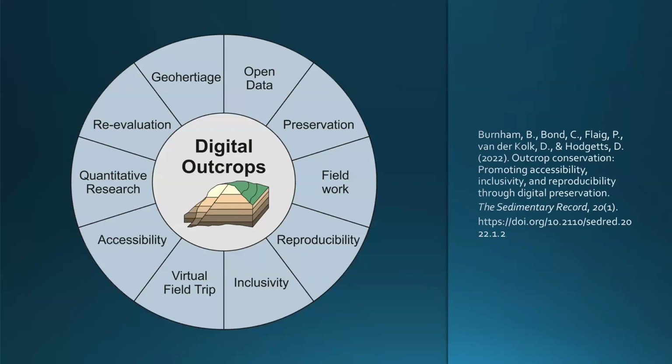Why do we do this though? What's the point? Why should we collect data digitally, and why should we work digitally on these kinds of data sets? An ex-PhD student of mine has put together a paper which covers why you should work with digital outcrop data.